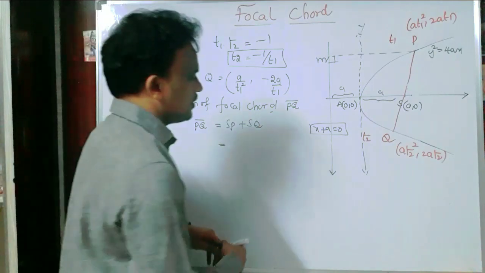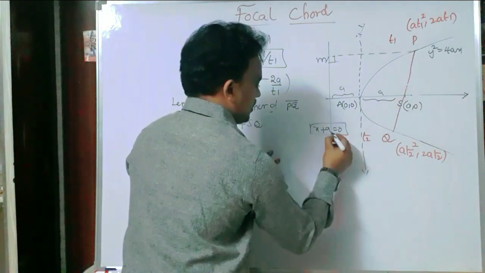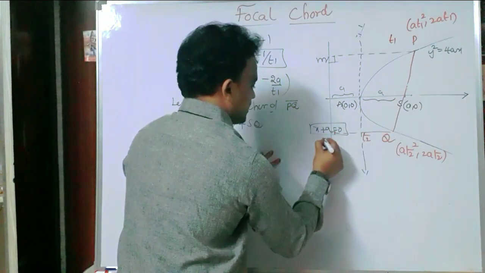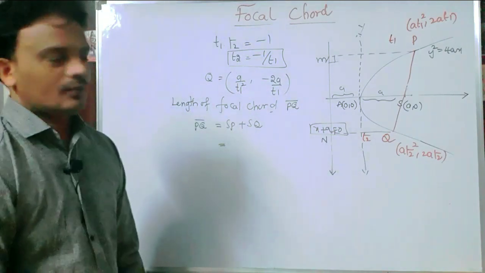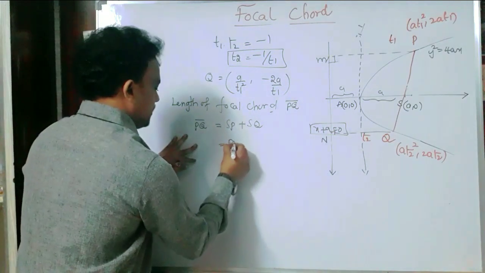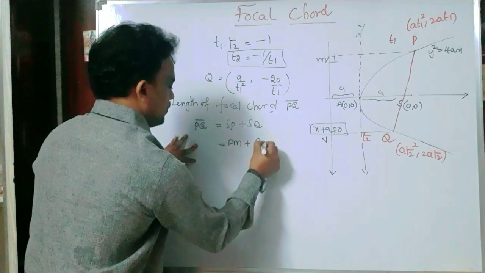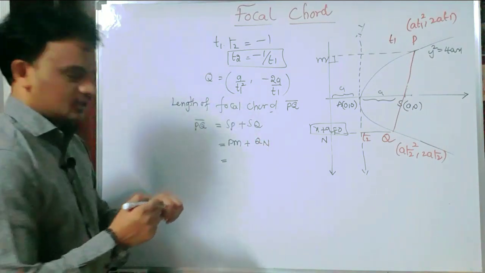And of course here also, SQ is equal to QN. So SP is PM and SQ is QN. It is very simple.